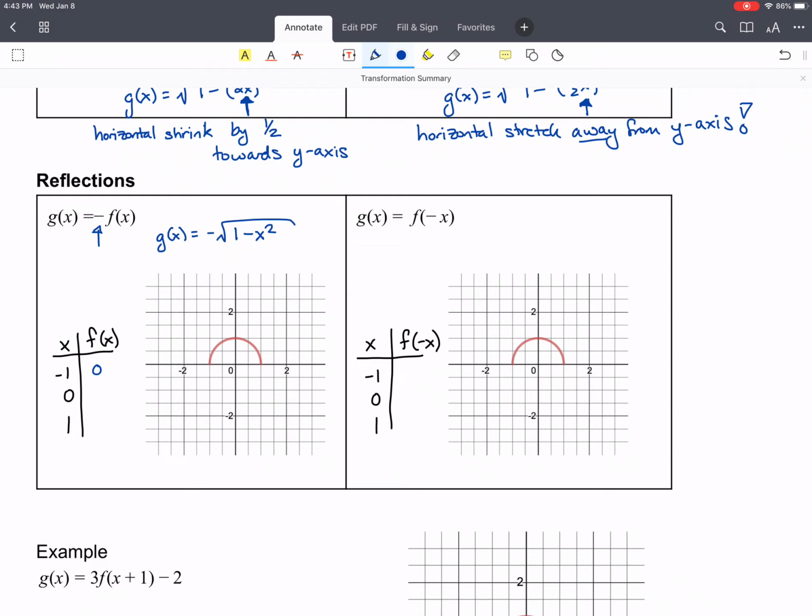When x is 0, I'm going to get a 1 under the square root, but then the negative of that square root of 1 is going to be negative 1. And then when x is 1, I get a 0 under the square root. Negative of 0 is still 0. So notice my new points are (-1, 0), (0, -1), and (1, 0). So I get the same graph. It's reflected over the x-axis.